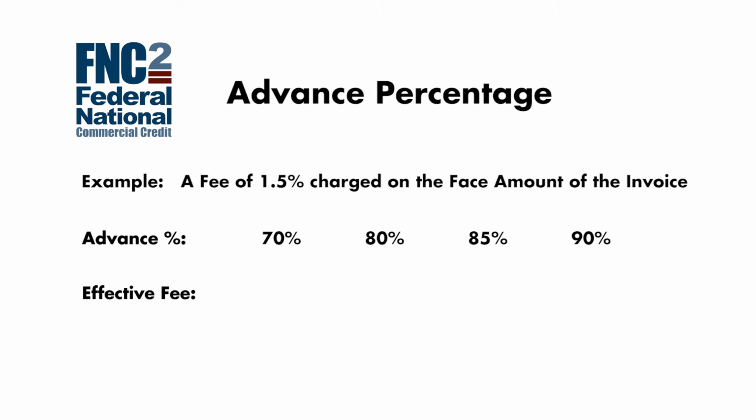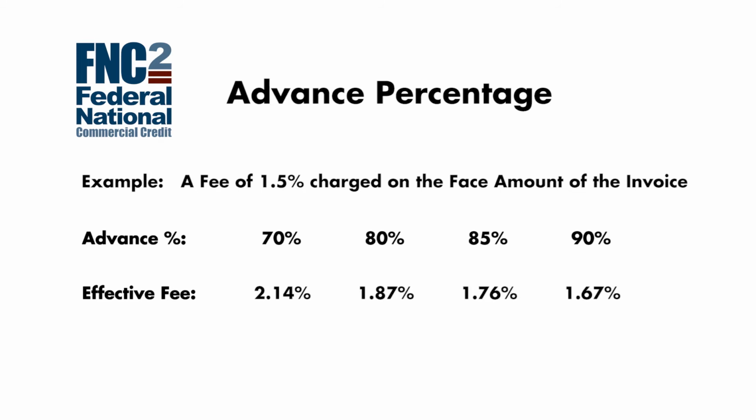So we want to be able to compare those fees. As far as we know, on the nominal fee, the 1.5%, it's the same for all of them. But because they have different advance percentages, their effective rate is different. You can see here that with a 70% advance percentage, 1.5% charged on the face is equal to an effective fee of 2.14%.